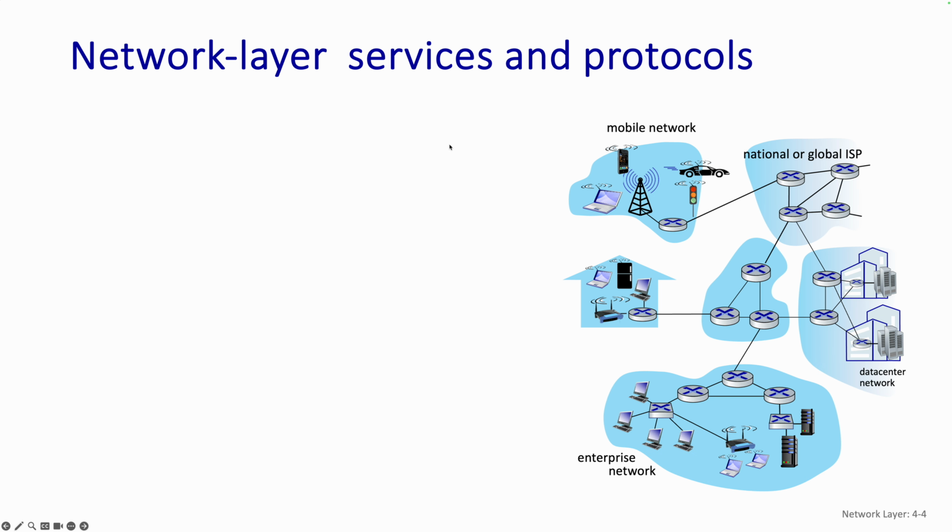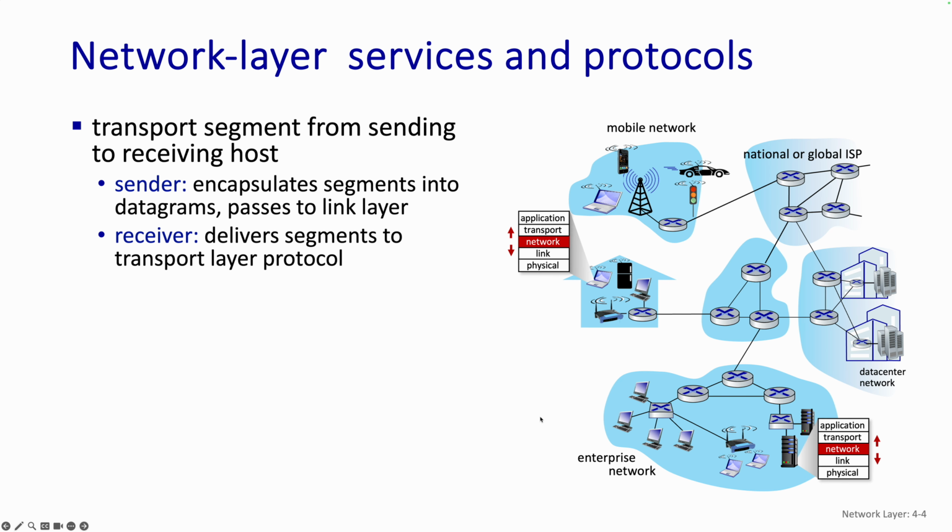So what services does the network layer provide? Here we've got this picture. You should be familiar with it. We've got our end hosts, the core of the network. So far, like I said, we've only been talking about these edge devices right here, some laptop wanting to talk to some server somewhere. So what is the job of the network layer on those devices?